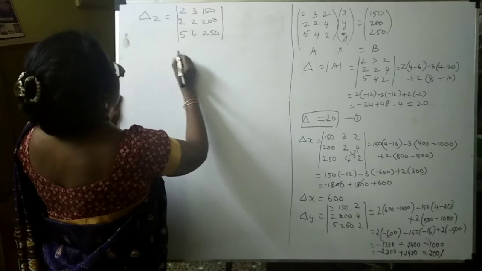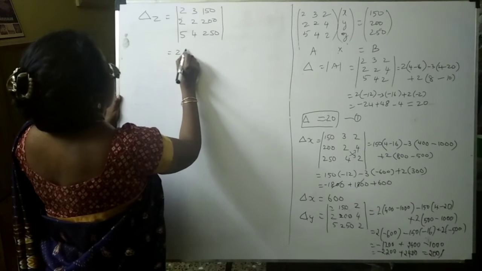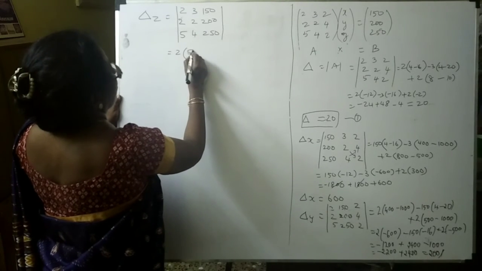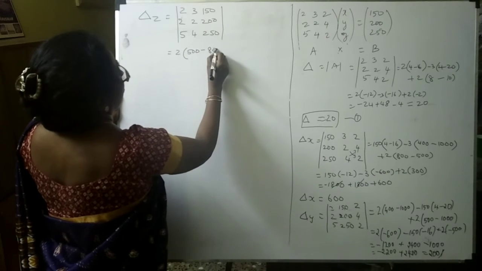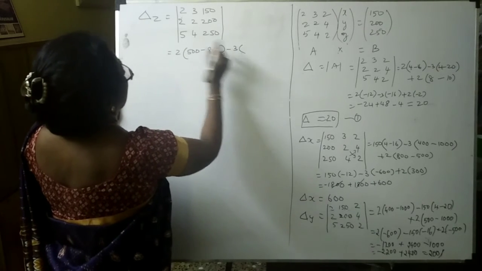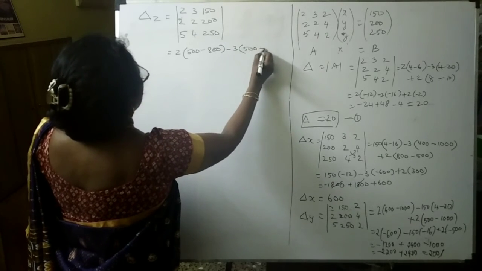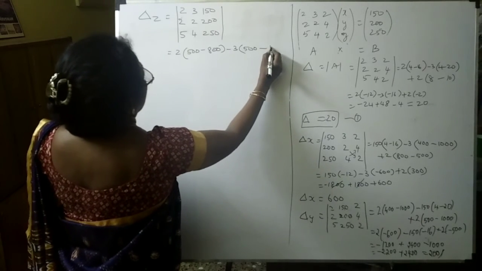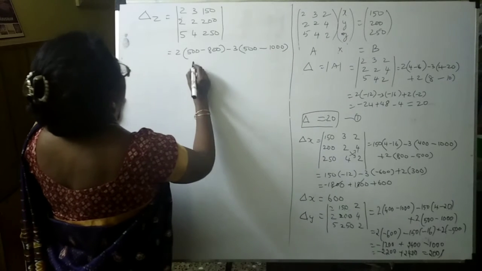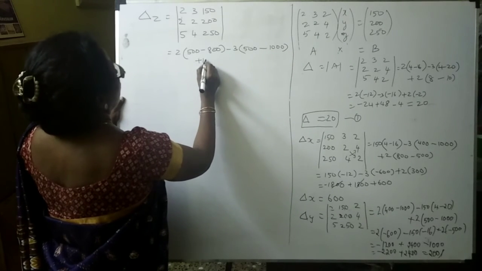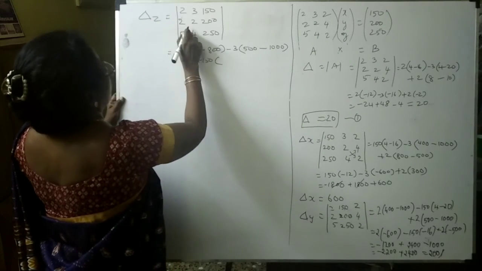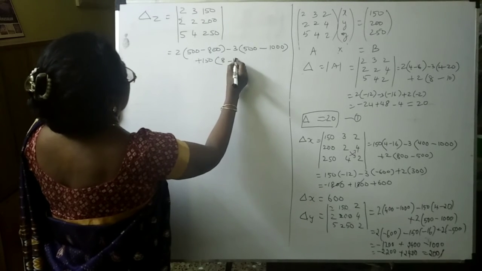So expanding this determinant, this is equal to 2 into (500 minus 800), minus 3 into (2 into 250, 500, minus 5 into 200, 1000), plus 150 into (4 minus 10).